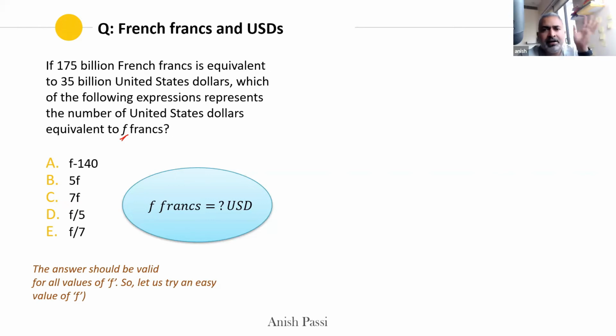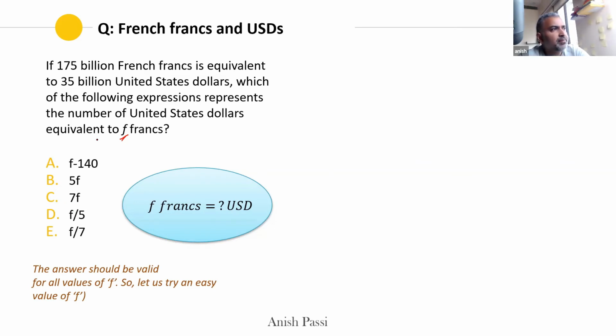For example, 100 is not always easy. Here, easy means that corresponding to F francs, I can straight away say these many US dollars. And then I just go and check by plugging in the value of F, which one gives me that value. That would be an easy value for me.